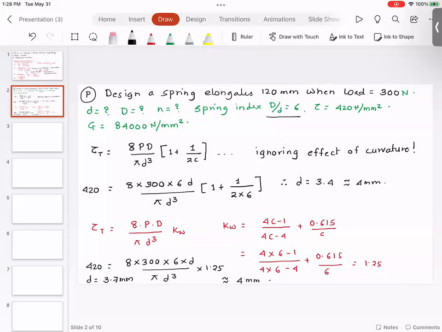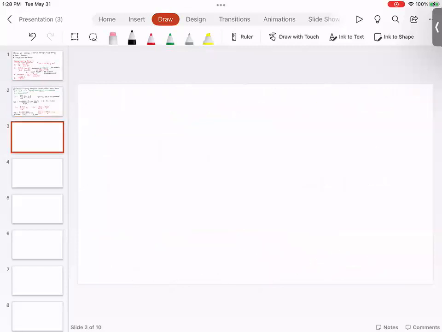The next part is we need to find out the number of turns. So delta is equal to 64 R cube N divided by G d raised to 4.